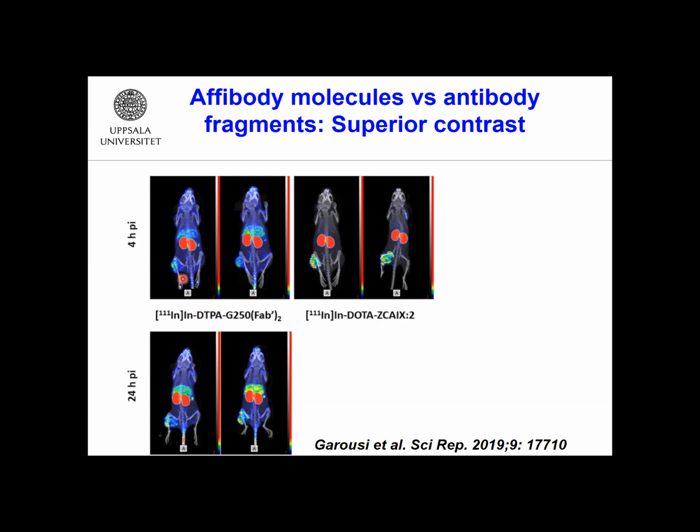Still, one could see that 4 hours after injection, the contrast between tumor and the rest of the body was not really high. And there was a clear difference with Affibody molecules where there was an excellent contrast. So only kidneys were shiny, but there was no accumulation in the body. Even at 24 hours the contrast has been improved for Fab2 fragments, but still Affibody molecules were better.